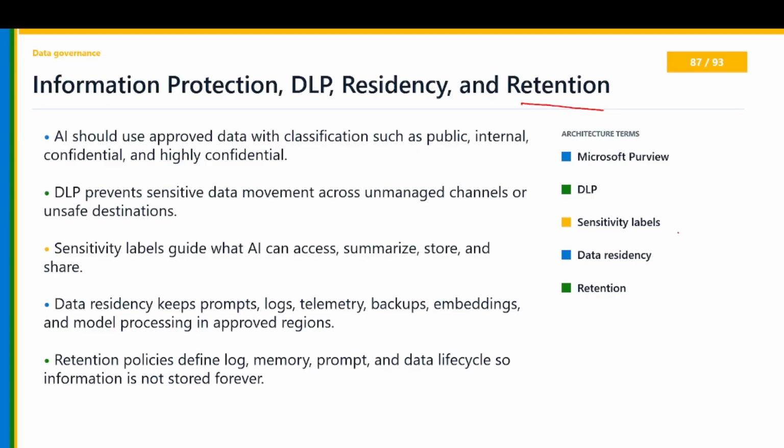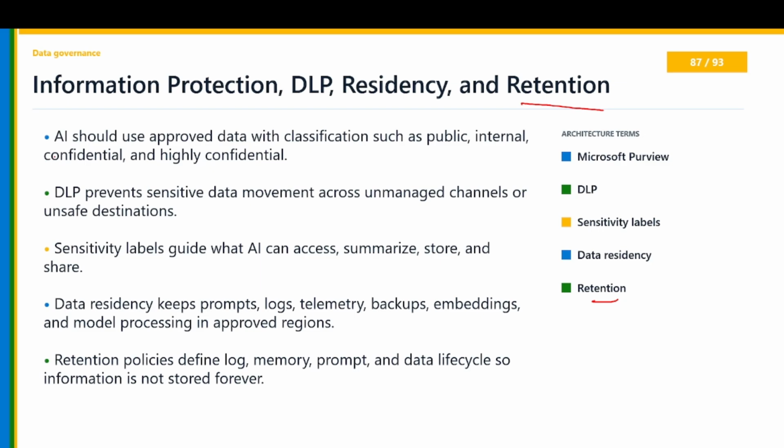They carry that label so that when they are exposed, the agent will always know that this is sensitive. And then we have data residency, which can be determined using company policy or Azure policy, and the retention rule. This must be clearly defined. How long should the data be retained in the system before it is deleted or recycled?